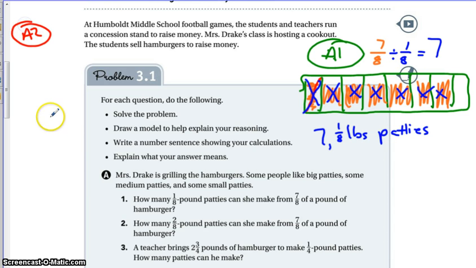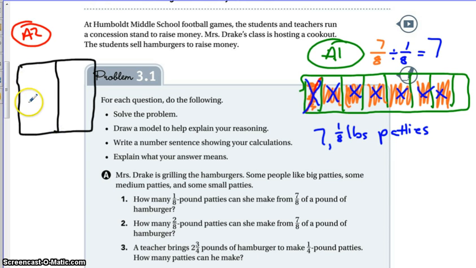A2 says, how many 2/8 pound patties can she make from 7/8? So again, I'm going to draw out my picture, and this time I am going to use more of a square because of the space over here. So we're going to do this, okay? And again, I have 7/8 of a pound.